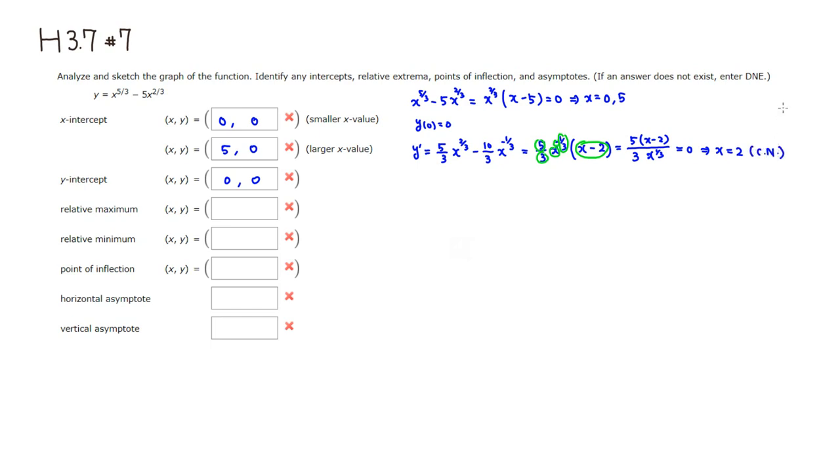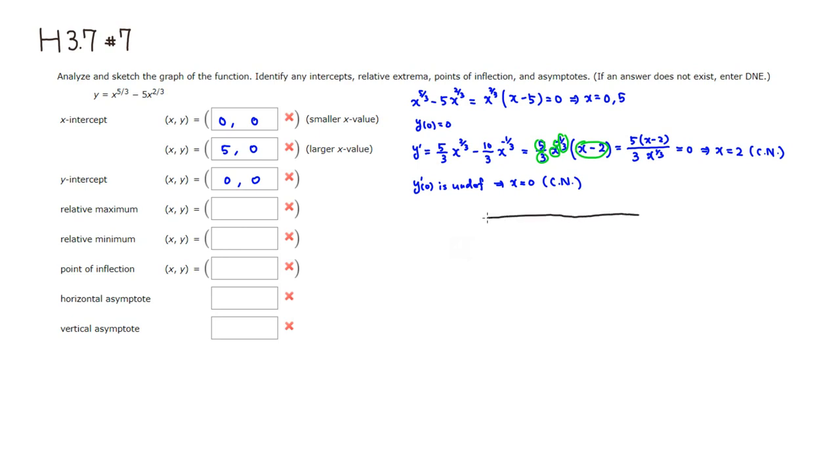There's another critical number, because y prime is undefined if you plug in 0 for x, which means x equals 0 is a critical number of the second type. So we have our critical numbers, and we can do the number line analysis.